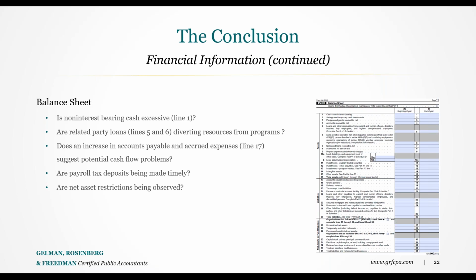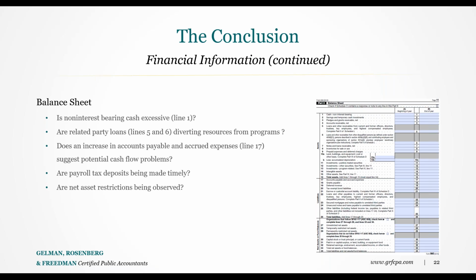Do you have any related party loans that might be diverting the resources from your program? Do you have any kind of an increase in accounts payable and accrued expenses that might suggest a potential cash flow or liquidity problem? Again, as I mentioned, that new standard that's really hitting all of you this year related to the nonprofit financial presentations.